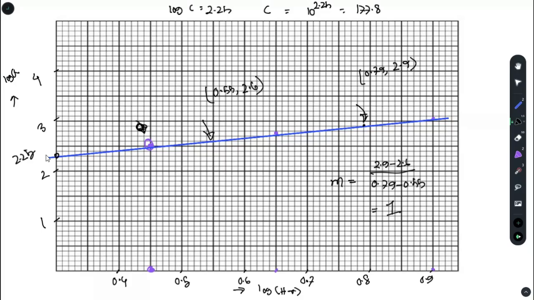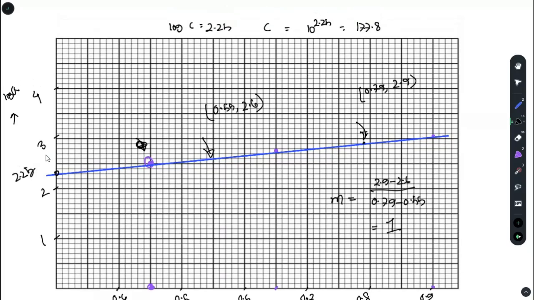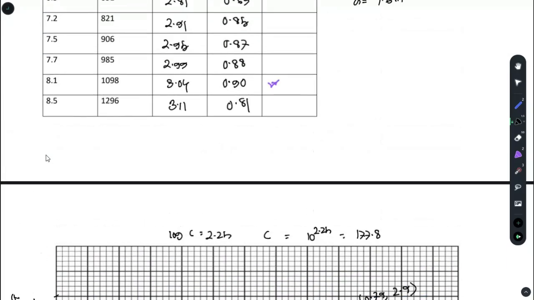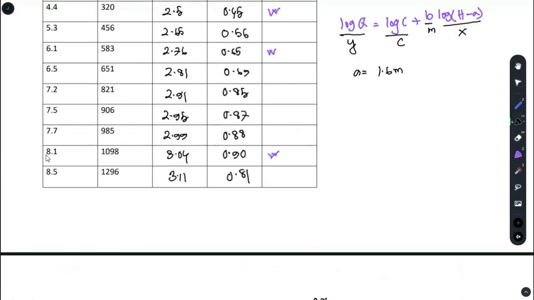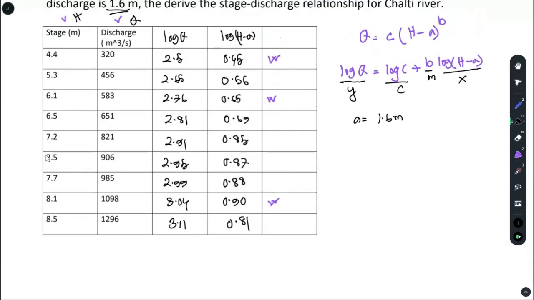So your equation is now here: Q is 177.8 times (H minus 1.6), where H is variable, A is 1.6, and B is 1.